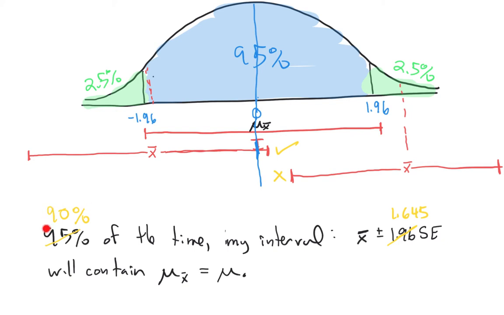But the point is, whatever level of confidence you want, this is going to be called our level of confidence, you can find a z value that gives it to us. And that's the whole idea of a confidence interval.